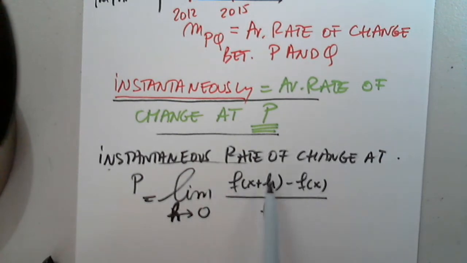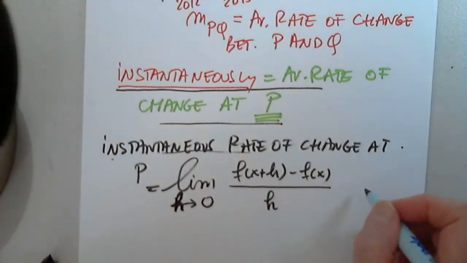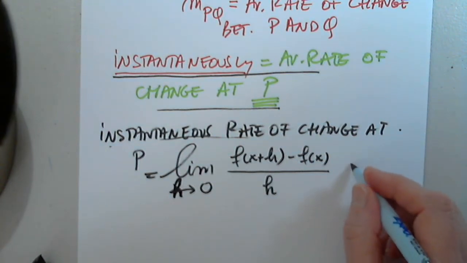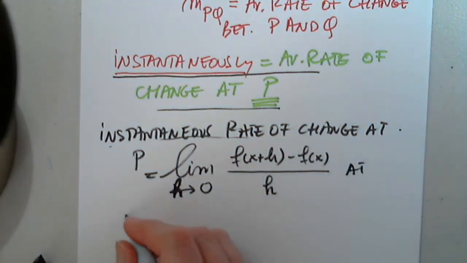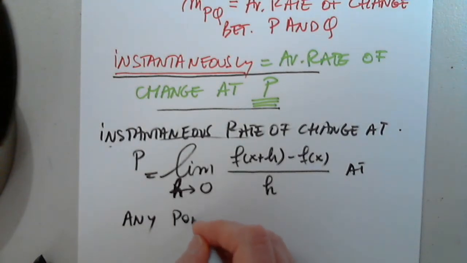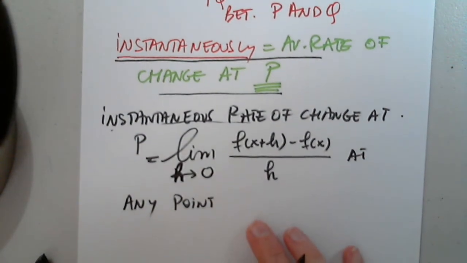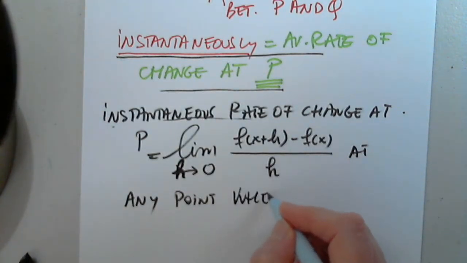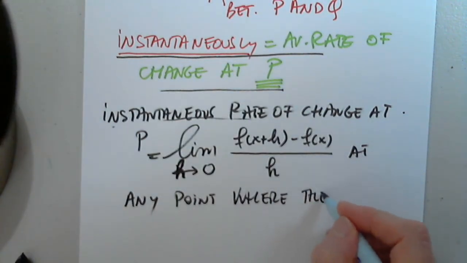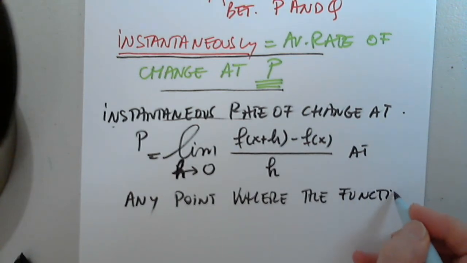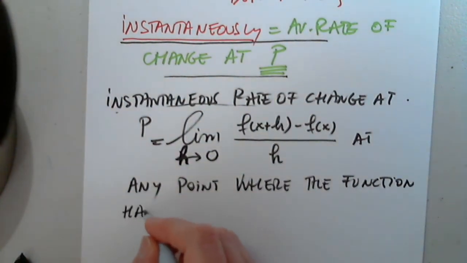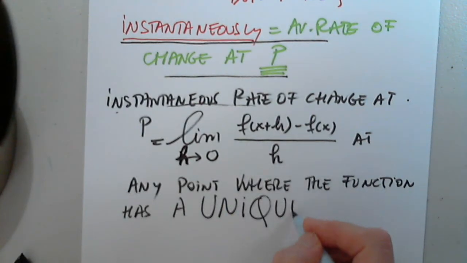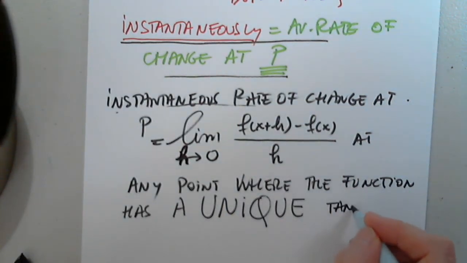So the instantaneous rate of change at P, and I have to continue because something else is very important here, at basically any point where the function has a unique tangent.